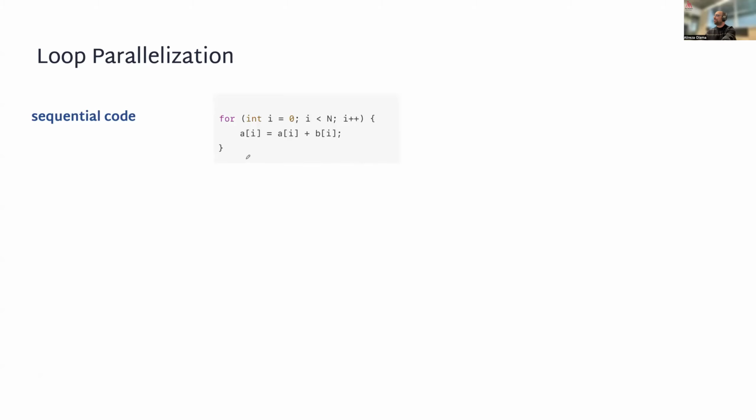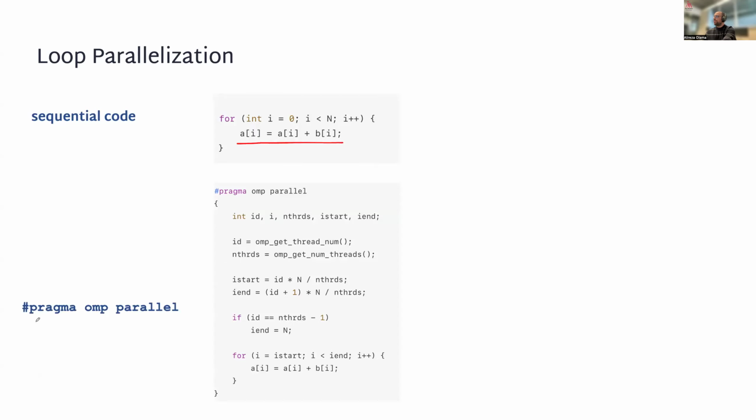Assume we have this sequential code. We just compute a vector addition, right? So it's serial code. We can use this pragma omp parallel without parallelizing the for loop, and we can do it completely manually, as you saw before. You just have to define the number of chunks, like the starting point and the end point, and then you can control the for loop manually.